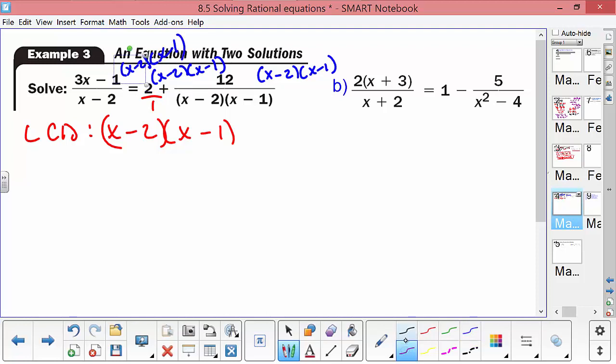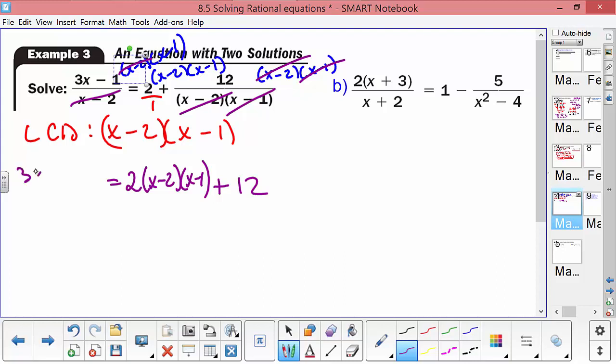And cancel what's common. So here, they're both going to cancel. We'll be left with plus 12. We don't have anything to cancel in the denominator, so we're left with 2 times x minus 2 times x minus 1. And on the left-hand side, we're left with 3x minus 1 and x minus 1.